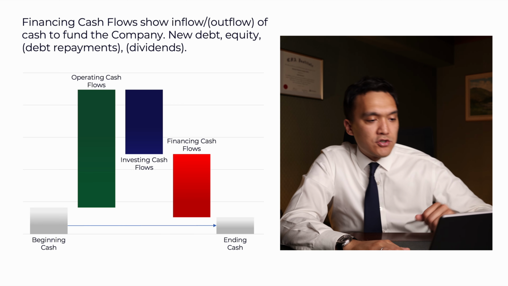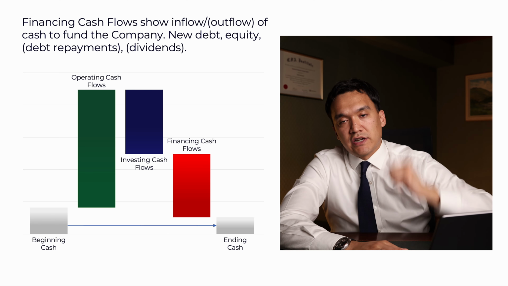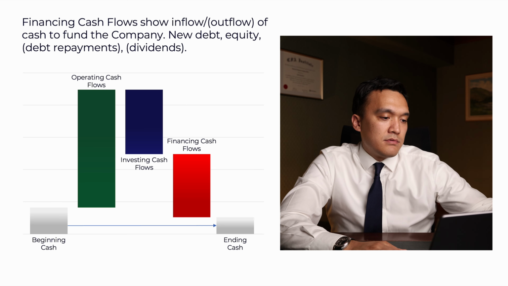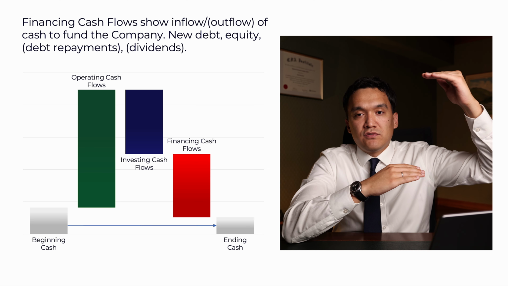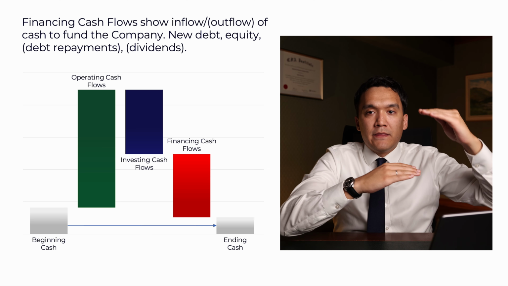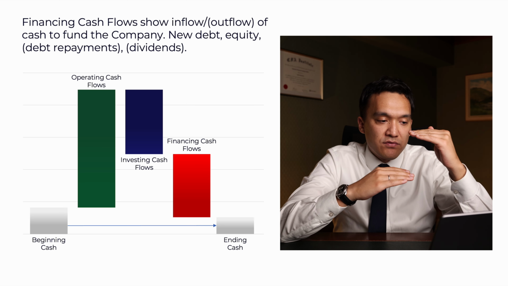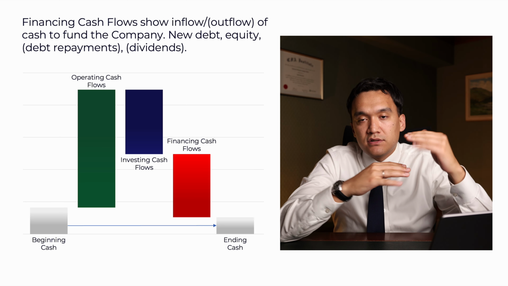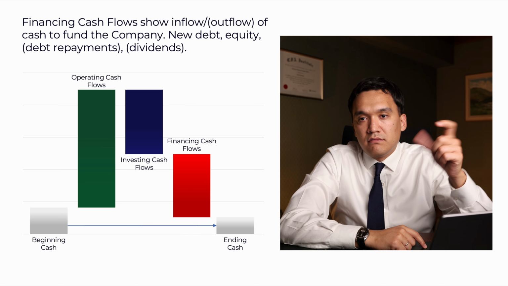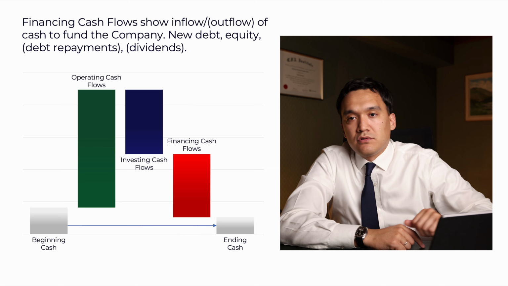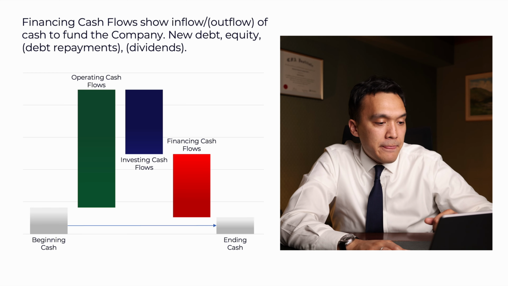Again, as you can see, we show that financing cash flow decreased our cash balance, because let's look at this table. We generated positive operating cash flow from our business operations. Then we spent part of this cash flow on new assets to expand the business, and then shared the remaining cash flow with our shareholders, or maybe we repaid our debt.